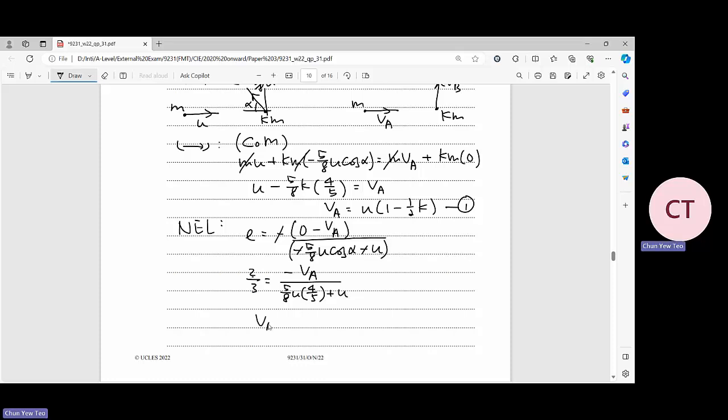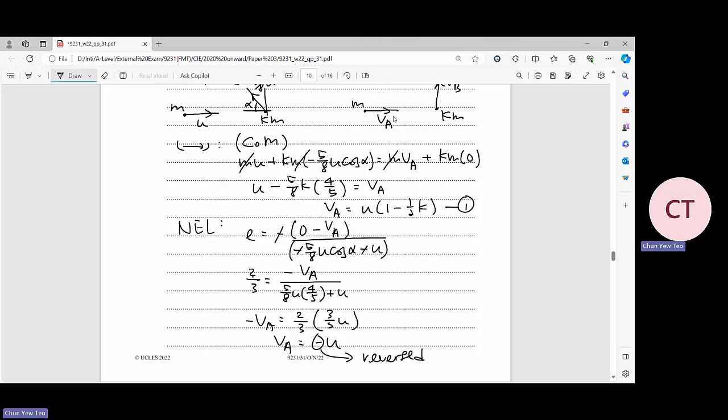So negative v_A equals 2/3 multiplied by 3/2 u. So you get v_A is negative u. The negative here means the direction is reversed.